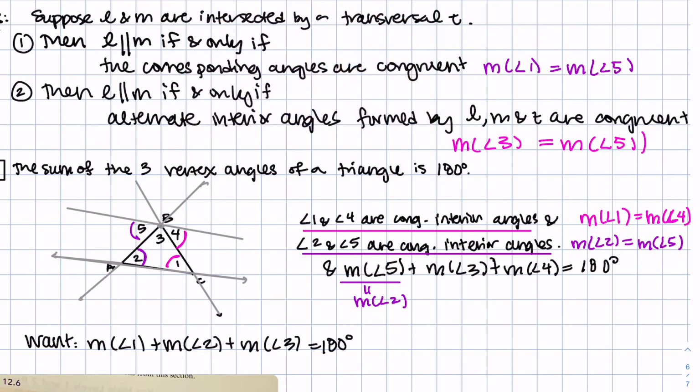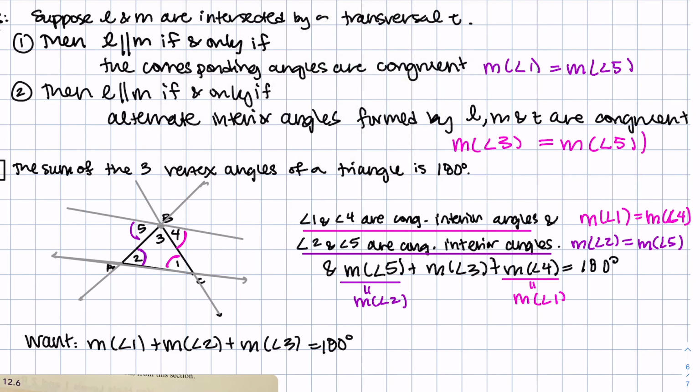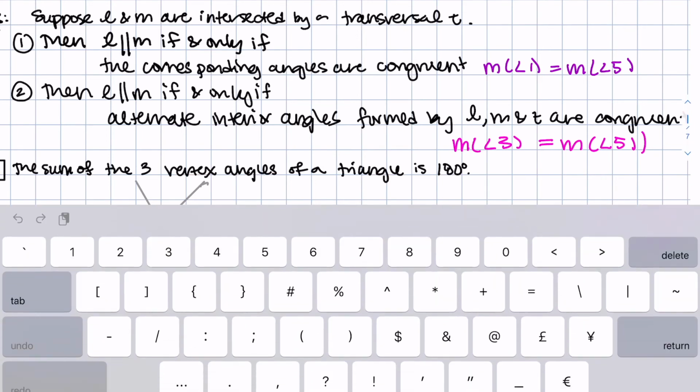And the measure of angle 4 is equal to the measure of angle 1. So if we just substitute these things in, we get exactly what we wanted: the measure of angle 2 plus the measure of angle 3 plus the measure of angle 1, sorry, is equal to 180 degrees.